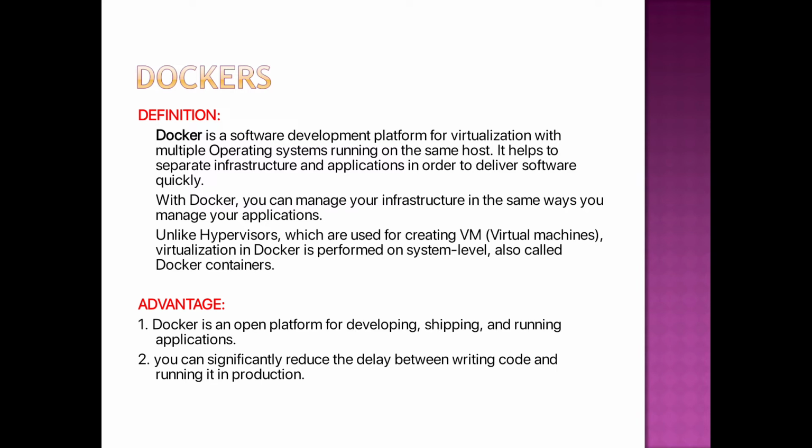Within hypervisors, we have to allocate the resources to one operating system. But with Docker containerization, within the same host we have multiple operating systems, and those operating systems can run very quickly on your host.